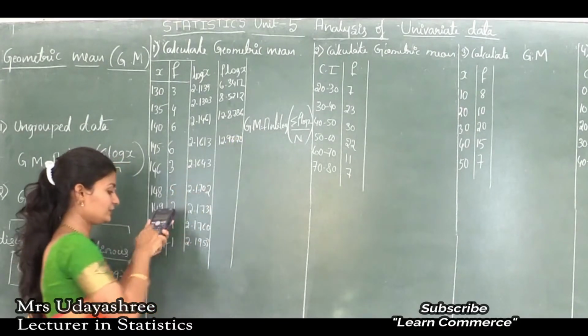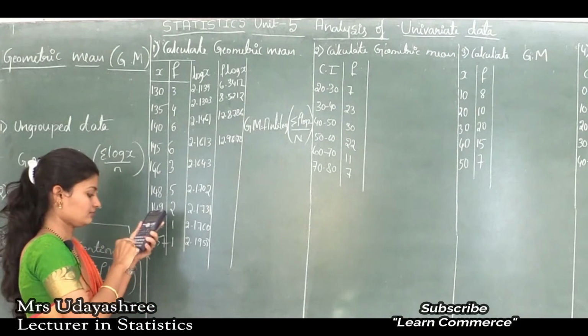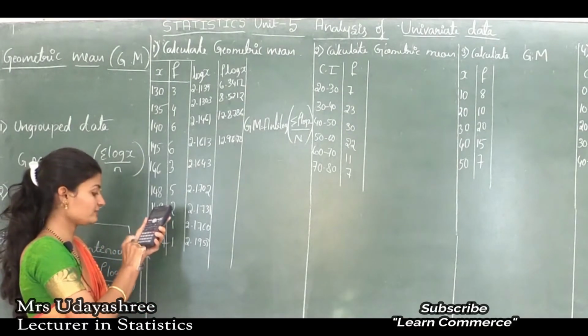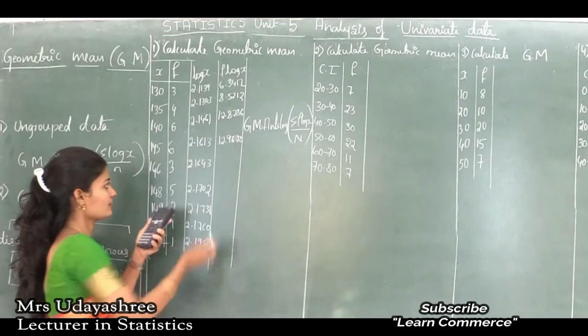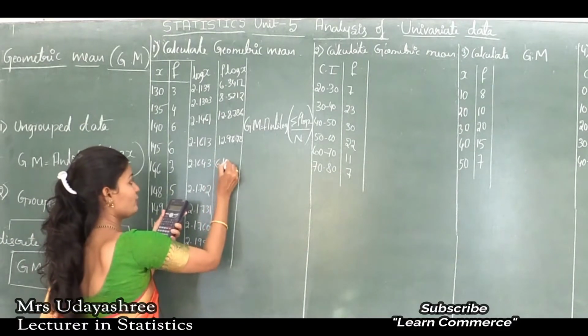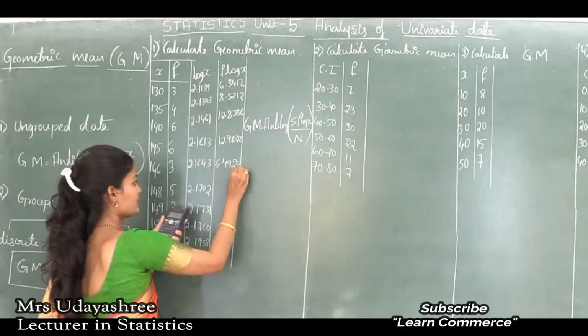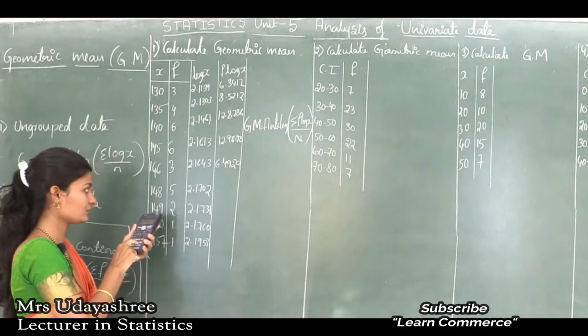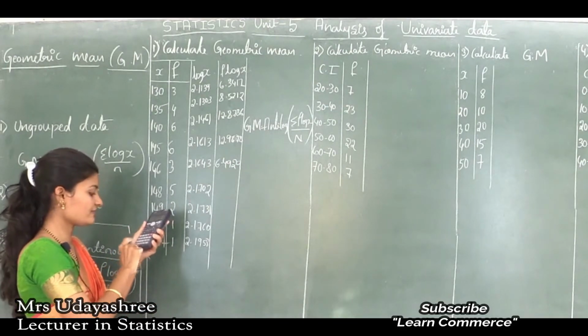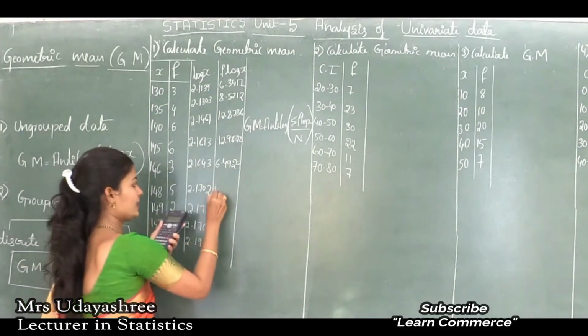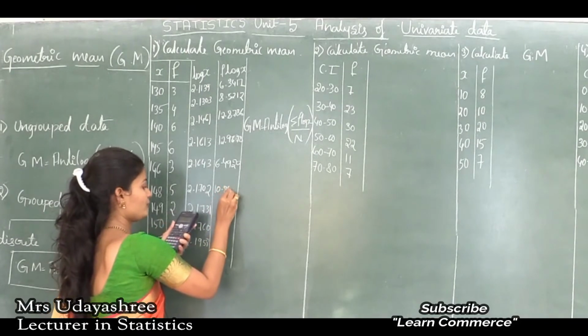Next, 3 into 2.1643 is 6.4929. Then 5 into 2.1702 is 10.851.